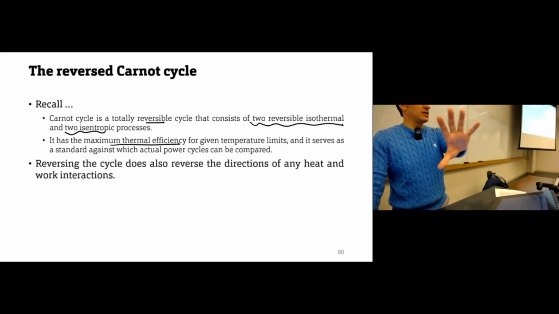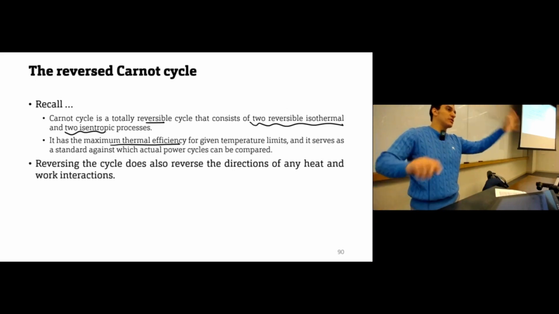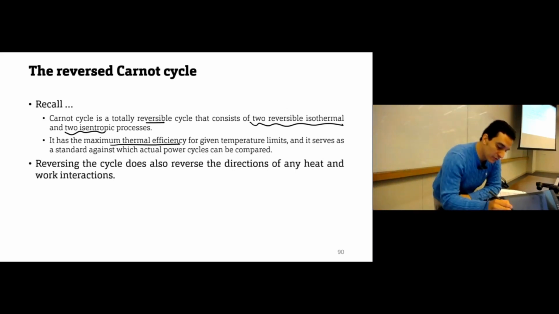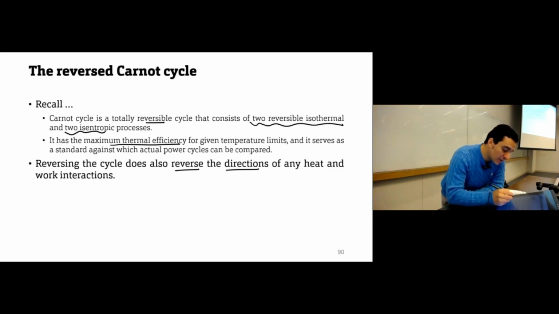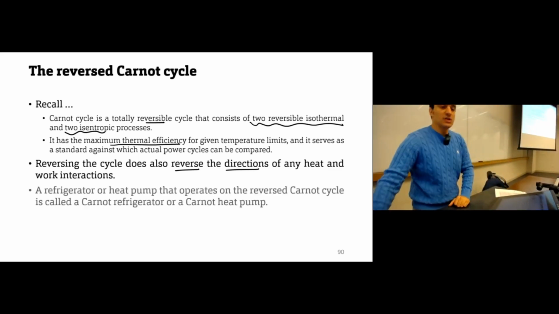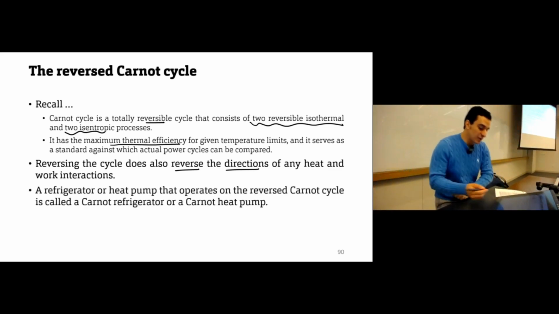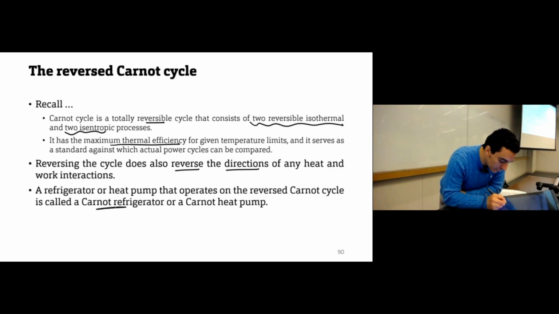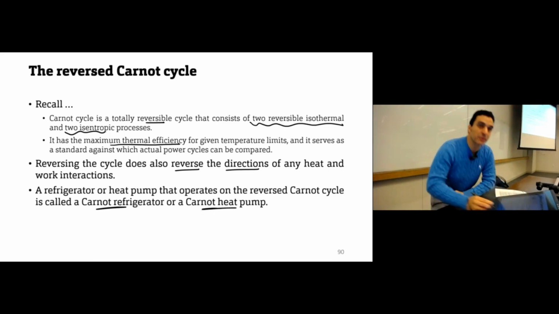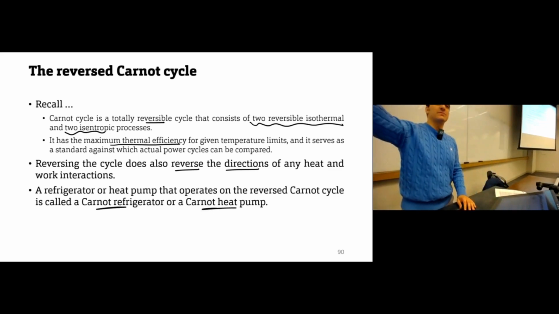If you have a Carnot cycle that operates as a power cycle and you reverse everything in this cycle by reversing the direction, then you can reverse the heat transfer direction from low to high temperature. So in this case, if you reverse the Carnot cycle, you will have something called a Carnot refrigerator or Carnot heat pump. So you have Carnot as a power cycle.